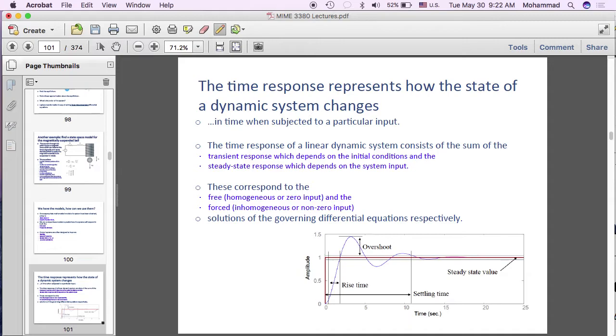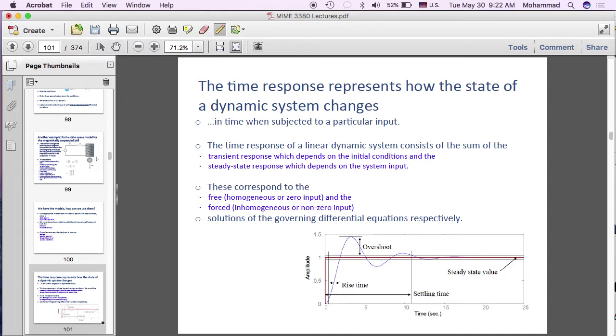If you look at this figure on the slide, this is a typical response of a second order system, and sometimes also a higher order system. Red shows you the input. The input is 0 before time 0 and then comes on, like a switch that gives you a step.